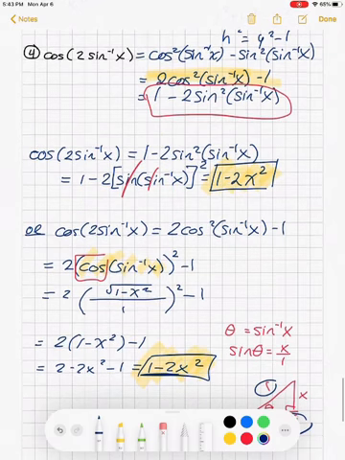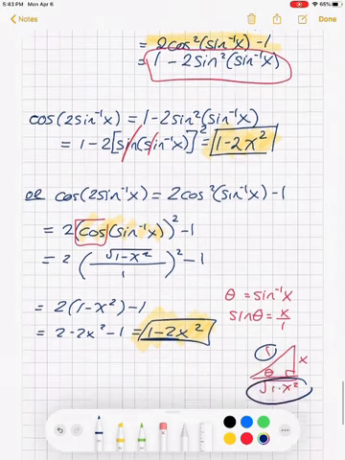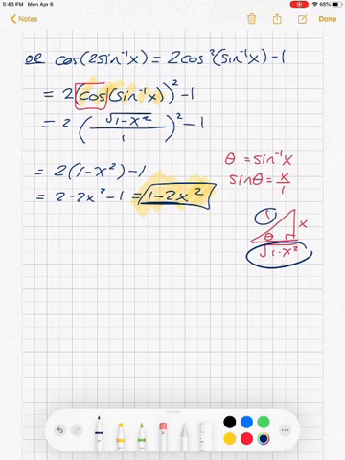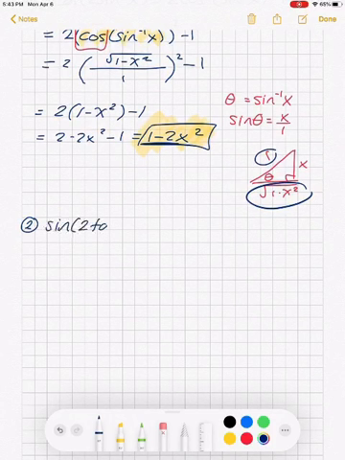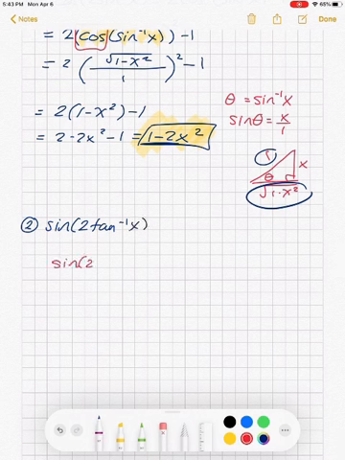I don't know, can I come up with another one for you? Maybe one with a sine. How about sine of 2 inverse tan? Okay, so when I see that, I see a sine of 2u problem.